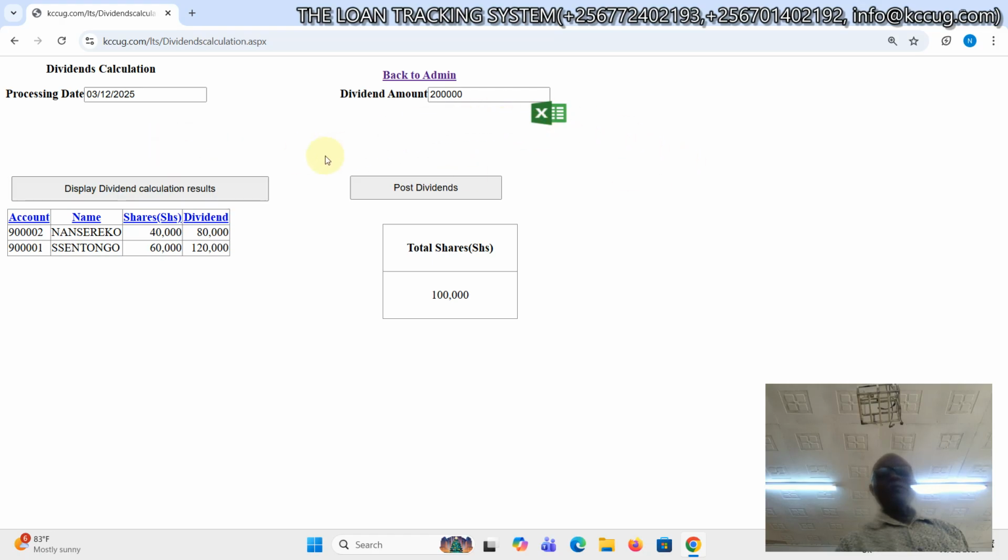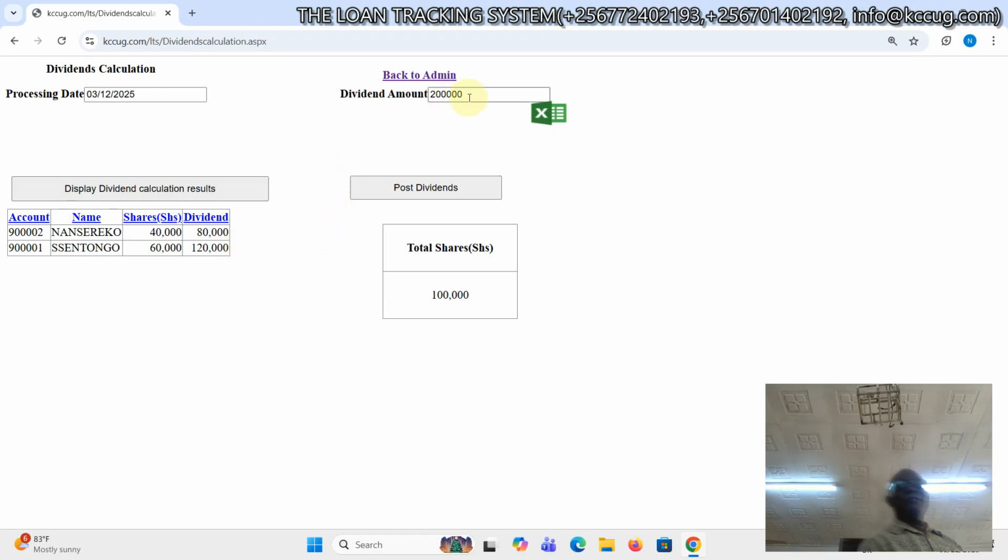What is it going to display for me? Display dividend calculation results. So when you click on display dividend calculation results, the computer now is going to show you that Nsereko is going to get 80,000 shillings. And Sentongo, who has 60, will get 120,000 shillings.